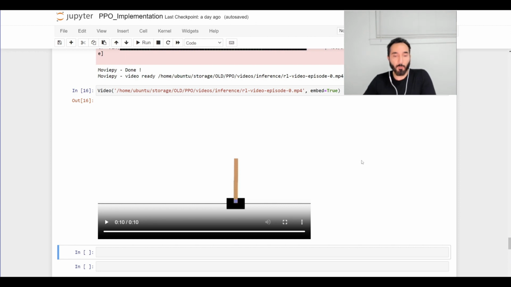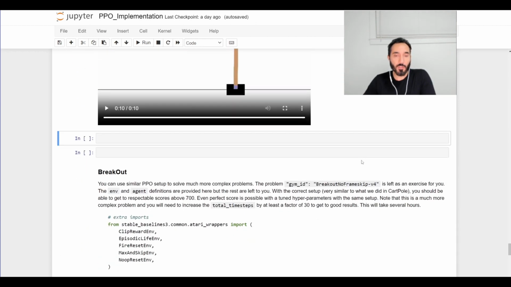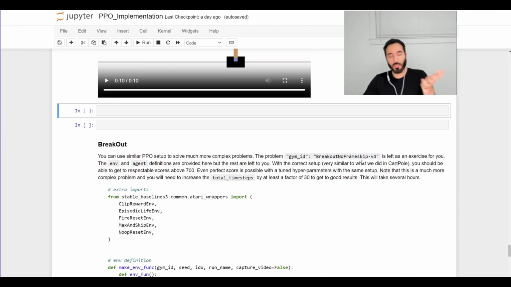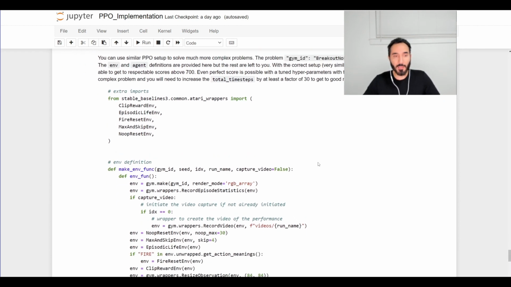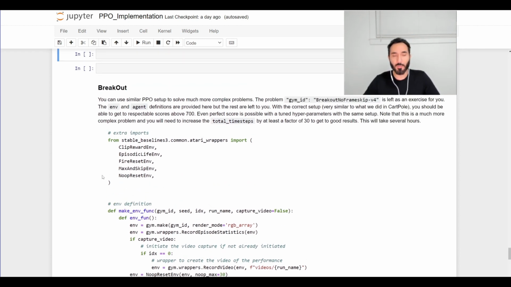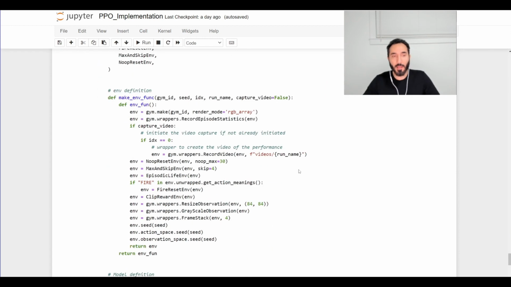So that is one game that you can apply this to. In fact, you can apply what we implemented here to many other games and many other RL problems. But another game that is a much more challenging game is the game of Breakout. And I left here for you some extra imports and some environment definition that should be modified according to that game.